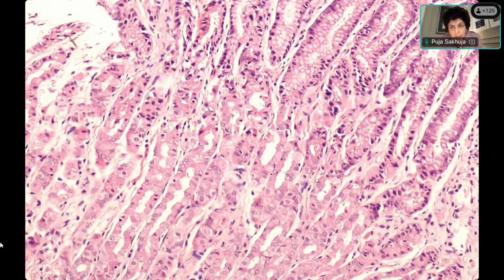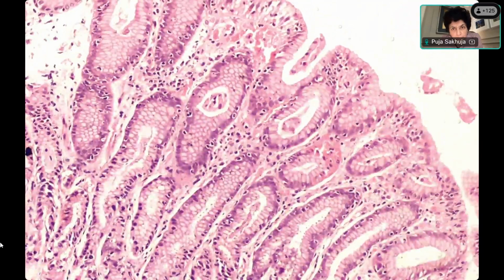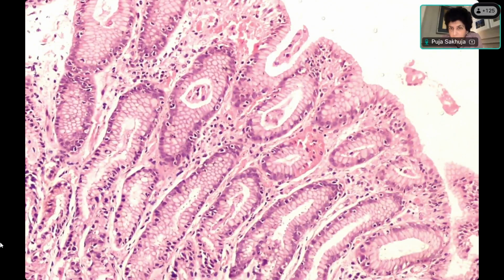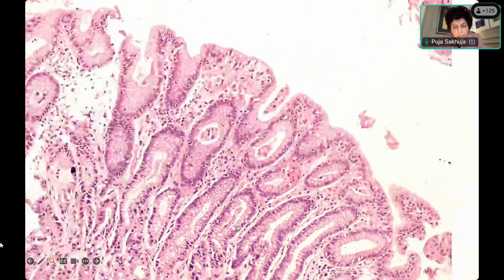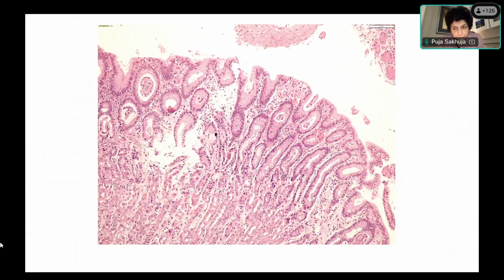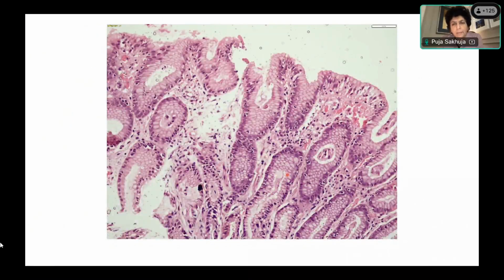Okay, now what are you seeing here? So now this is a gastric biopsy from the gastric fundus or body. Now what are the pathological features that you are seeing in this gastric biopsy? This is a higher power view.